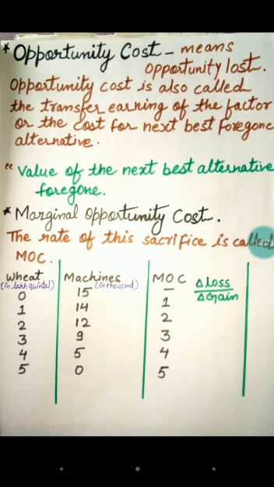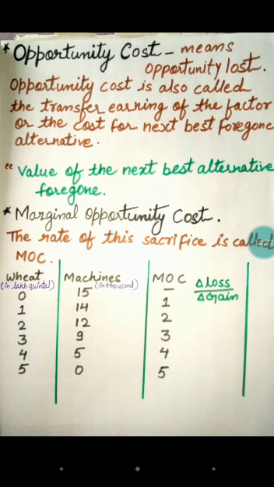The formula for marginal opportunity cost is delta loss upon delta gain. First of all, how much are we losing? In machinery, we are losing 15,000 to 14,000, 15 minus 14, that is 1. So delta loss is 1 upon how much we are gaining: 0 to 1, the same 1.